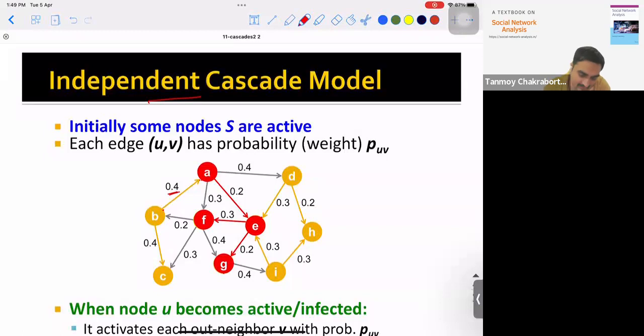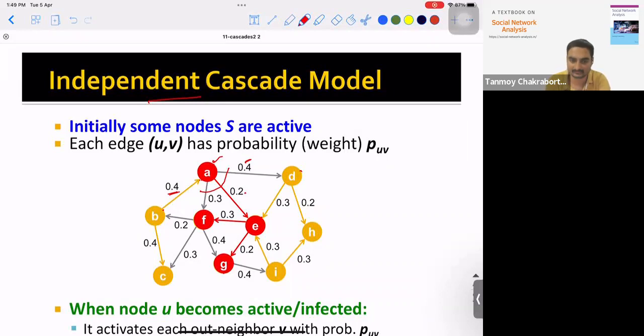Let's start from A, for example. You see that with probability 0.4, A will infect D. With probability 0.2, A will infect E. With probability 0.3, A will infect F. Note that it is not necessary that the sum of the probabilities of all the outgoing edges is 1.